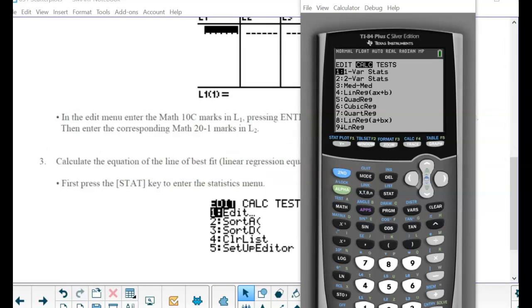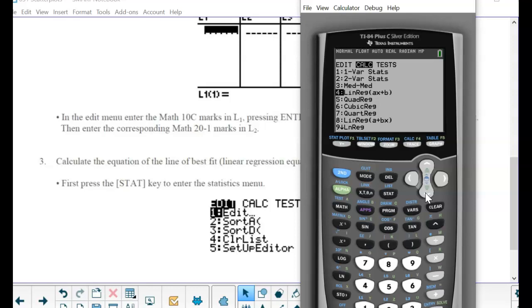In your calc, you want to go down to number 4, lin reg. So that stands for linear regression. Regression is basically the calculator will measure the distances between the points and the average of the points, and then calculate the best line that basically goes through as many points as possible, evenly between them.